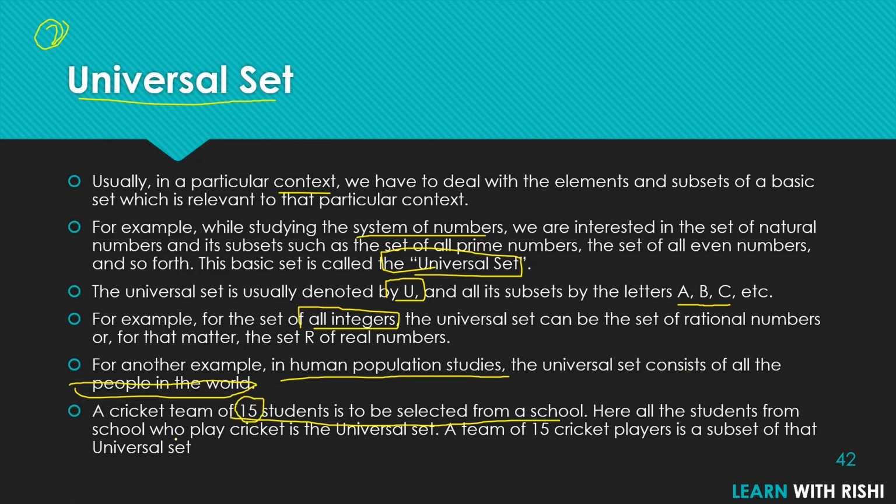Here, all the students from the school who play cricket form the universal set. We want to select 15 students, but there are more than 15 students who know how to play cricket, and from those students we have to select 15. So those students become the universal set and these 15 students will become the subset. So a team of 15 cricket players is a subset of that universal set.